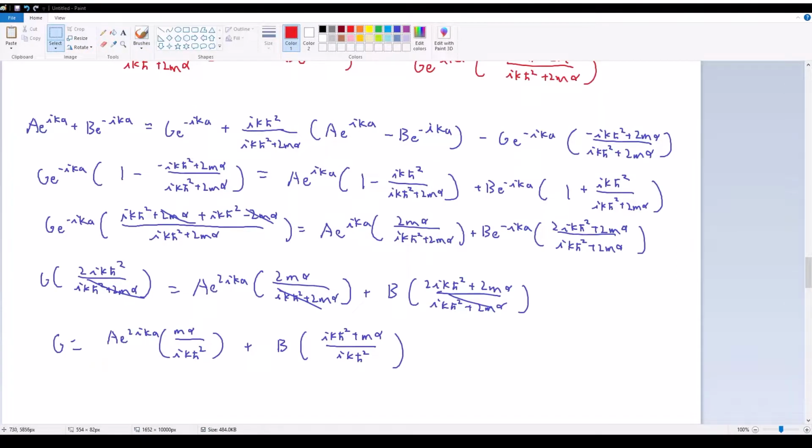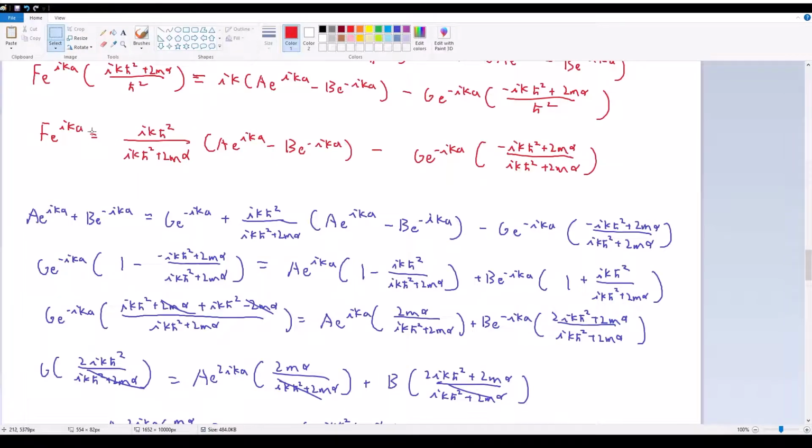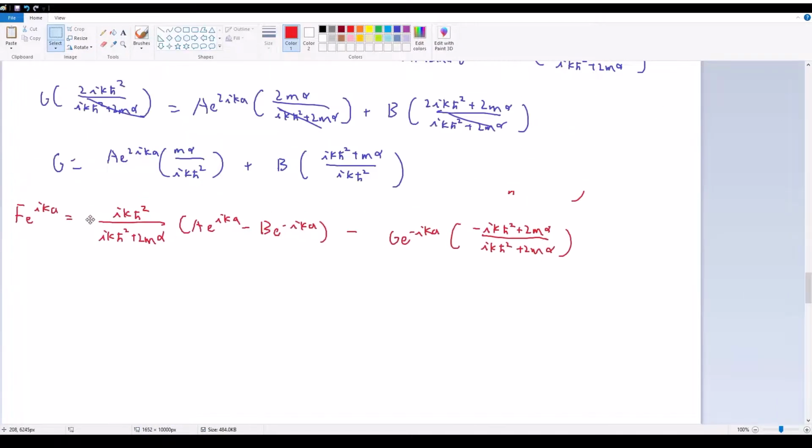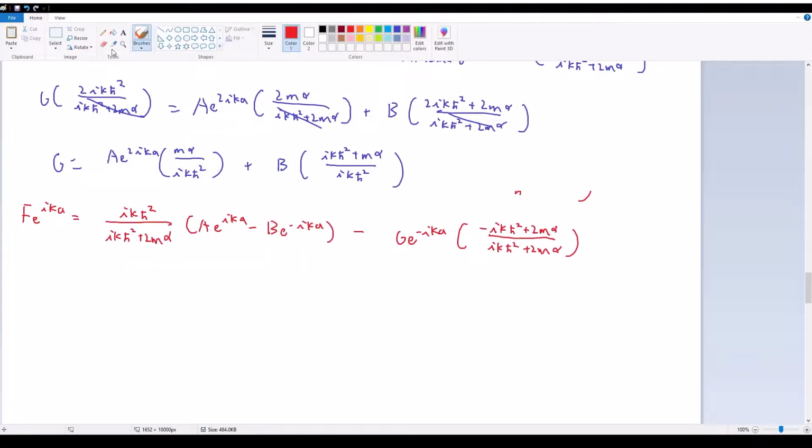Okay, so now let's plug this back into the f expression, which I'm going to take from up here. Erase this stuff on the side. There we go. Okay, so now f e to the ika is going to equal the same thing at the front, ik h bar squared over ik h bar squared plus 2m alpha times a e to the ika minus b e to the negative ika.